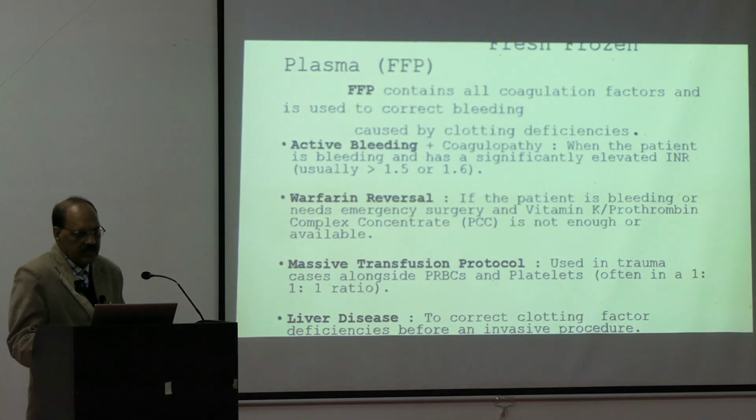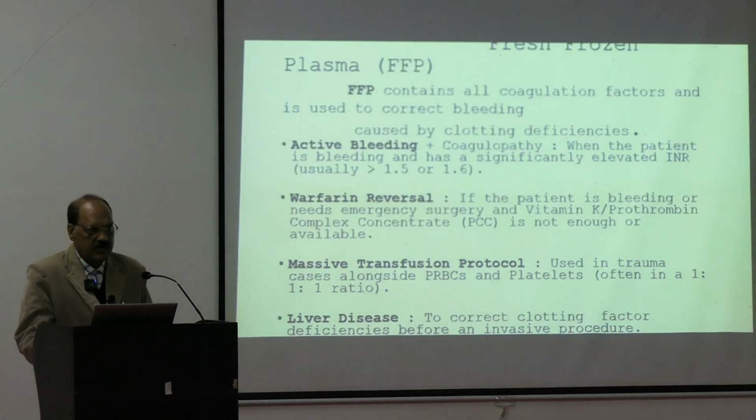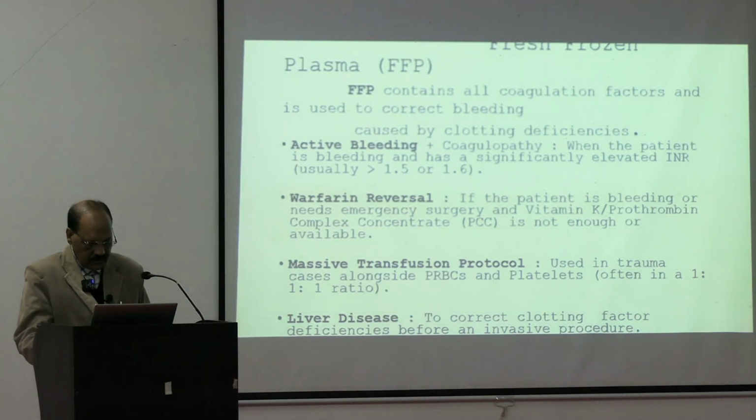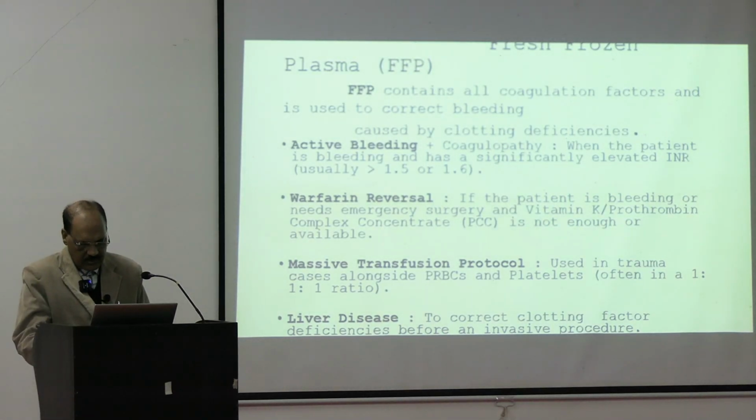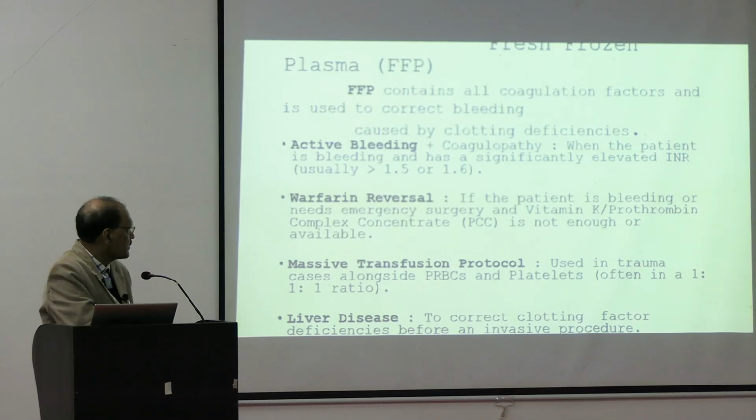Then in any liver disease, to correct clotting factor deficiency before an invasive procedure, meaning any cardiac surgery or other surgery like neurosurgery, when the patient is having liver disease concomitantly, in that case you have to correct the clotting factors by giving FFP. So these are a few indications for when we have to start FFPs.